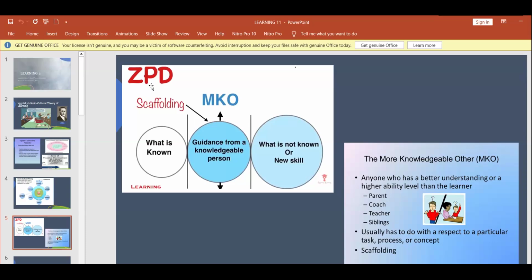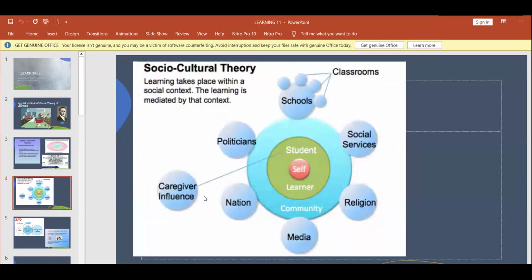Now MKO stands for more knowledgeable other. Then ZPD stands for zone of proximal development.